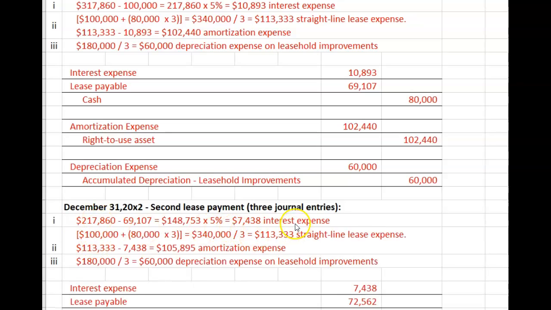Let's talk about the interest expense. At the beginning of year 1, after making the initial $100,000 payment, we had a lease liability of $217,860.